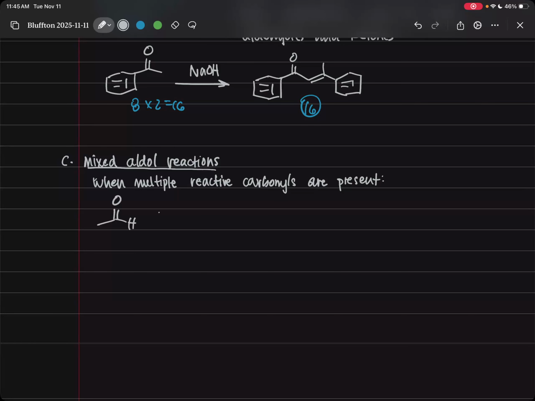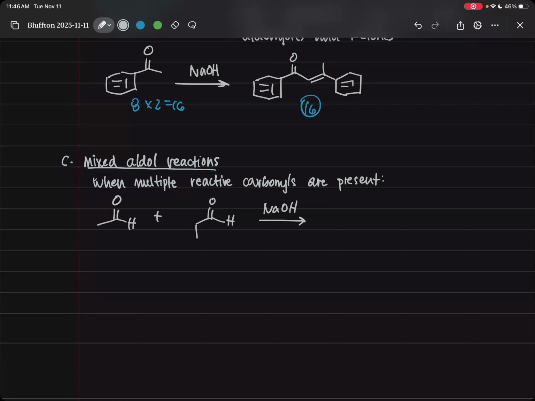So say we have this aldehyde and that aldehyde, and they happen to be in the presence of some sodium hydroxide.